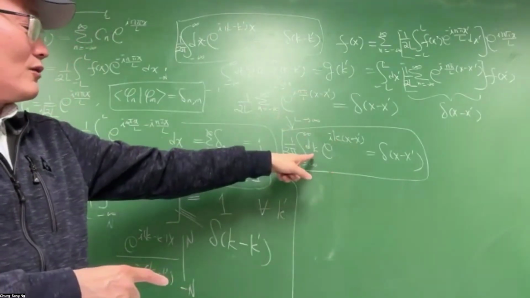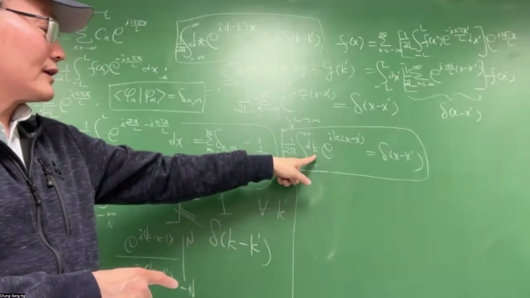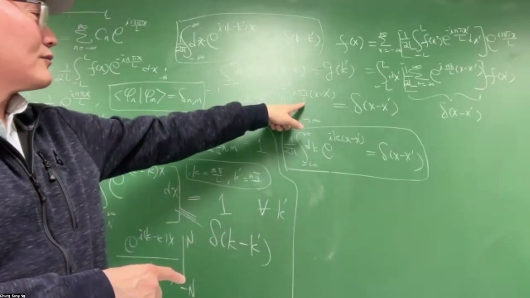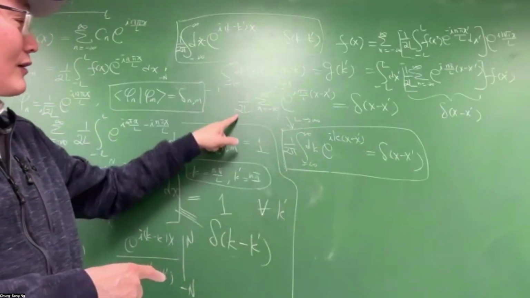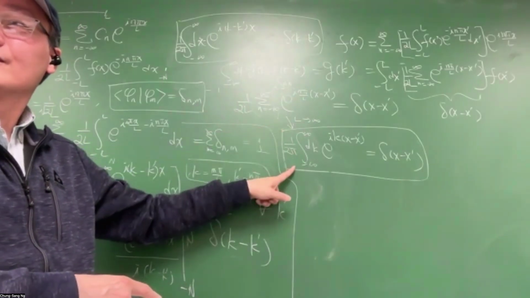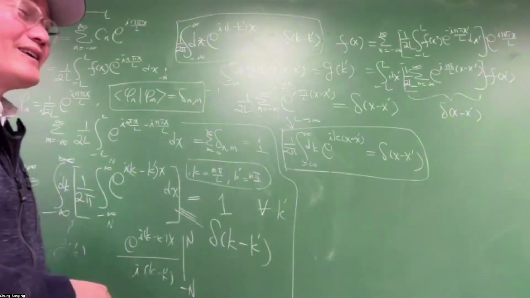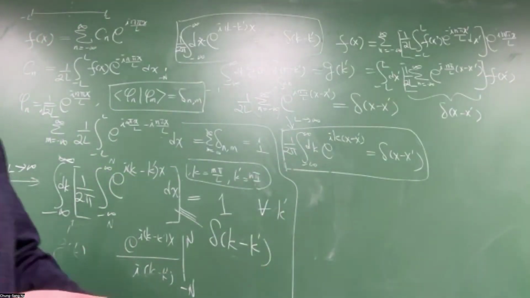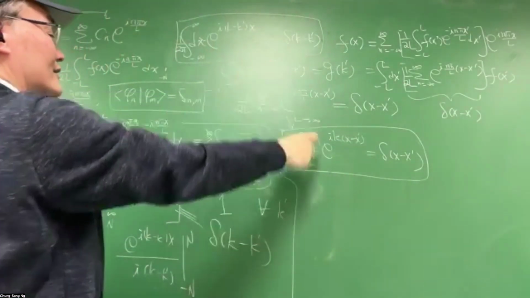Then this integration will be over dk instead of a sum over n. It's integration over dk, and the normalization requires that we multiply by L divided by pi. So we change 1/2L to 1/2 pi. Is that okay? You follow that? Anyway, finally whatever we get is the same.